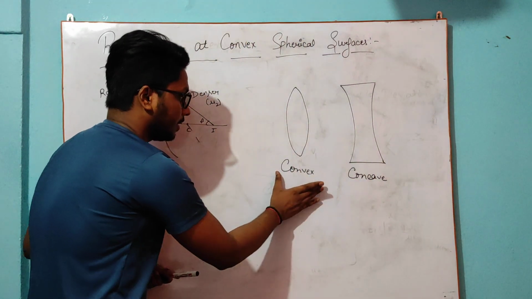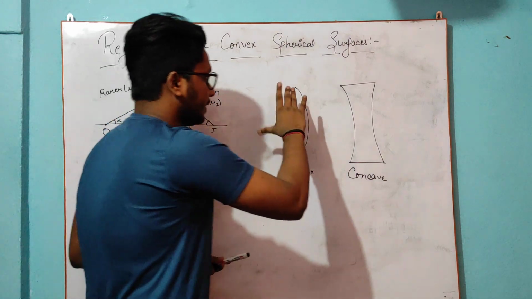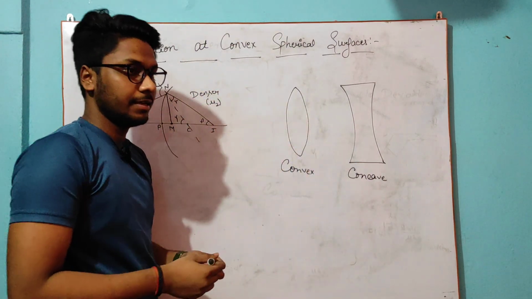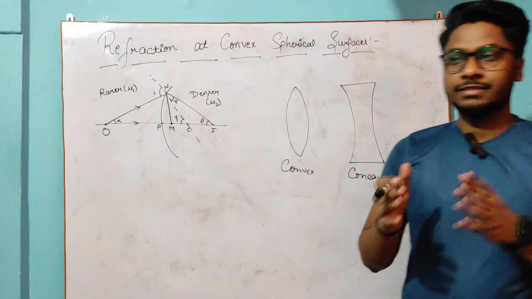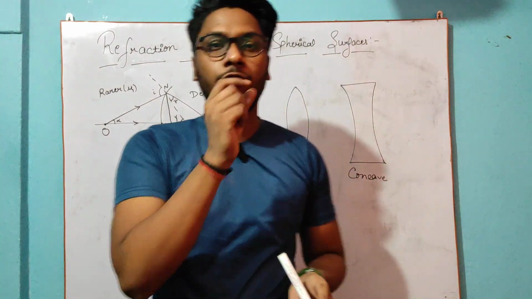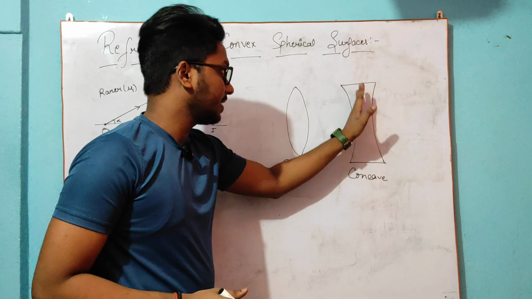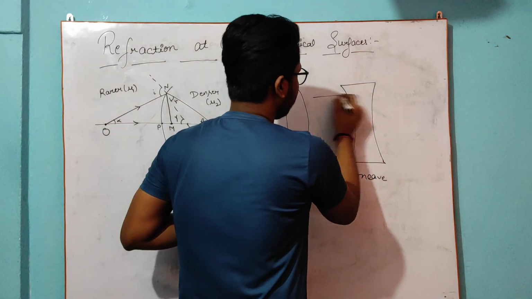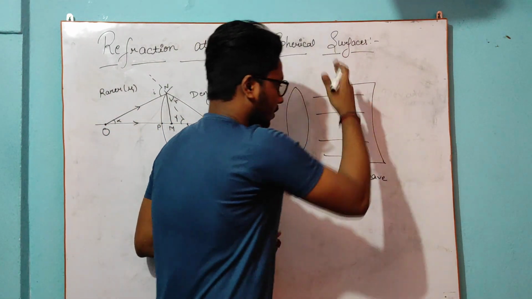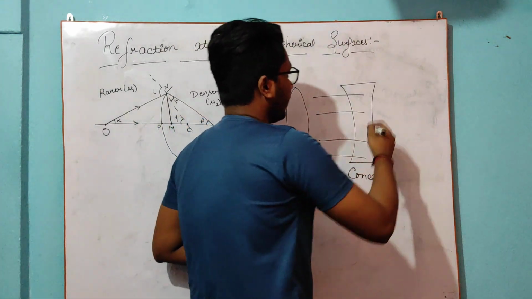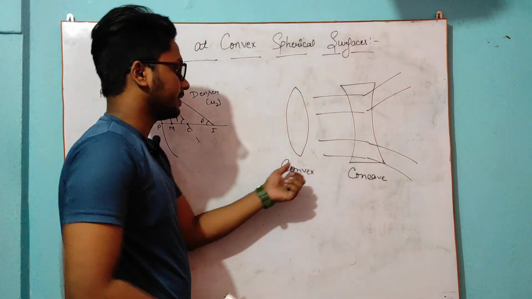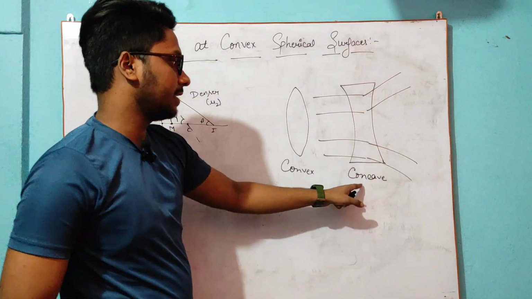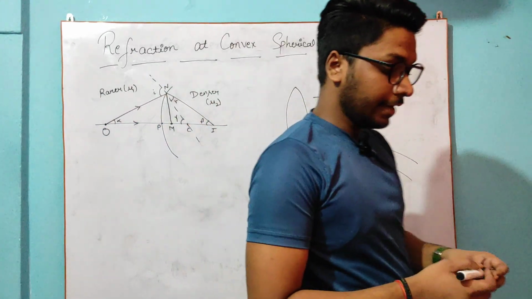Now, when rays of light are incident on this convex lens, it has the ability to converge all the rays of light incident on it to a point called the focus, while when parallel rays are incident on this concave lens, the rays of light diverge. That's why this lens is called a converging lens, and this lens is called a diverging lens.